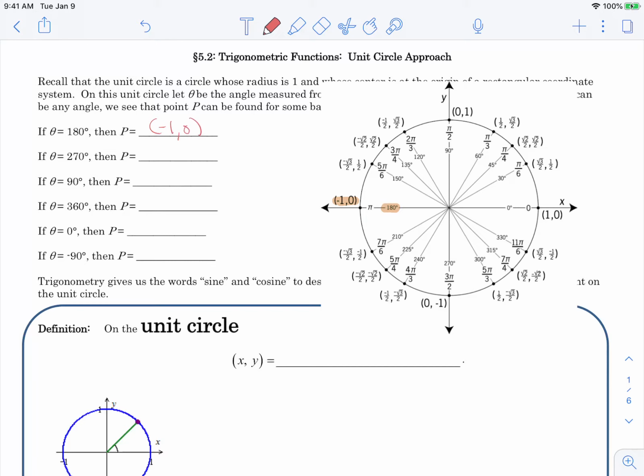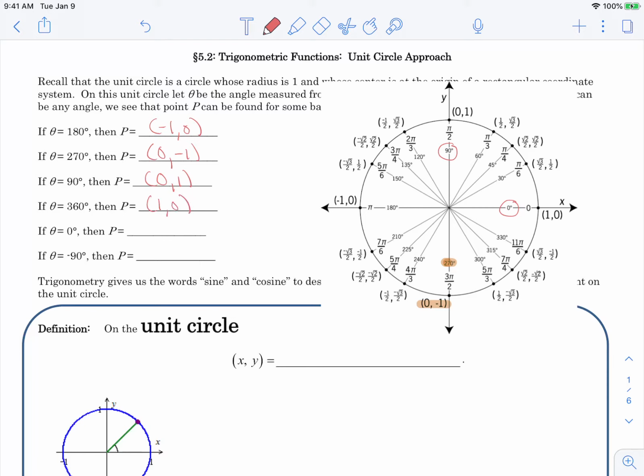If it's 270 degrees, so I'm here, my coordinate is (0, -1). Now I'm going to go to 90. My coordinate is (0, 1). 360, remember that's one full revolution, so it's coterminal with 0.